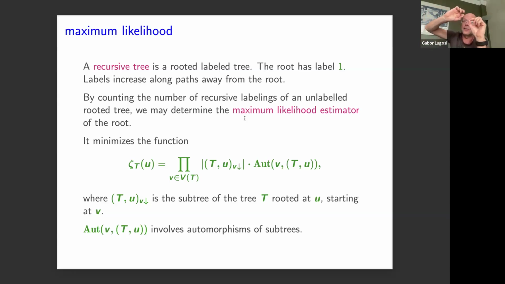A recursive labeling is a labeling of the vertices such that along paths going away from the root, all the labels are monotone increasing. All of these labelings are equally likely. Now we can just count how many there are, and if you count them, you get this ugly expression. This is what defines the likelihood of each vertex to be the root.